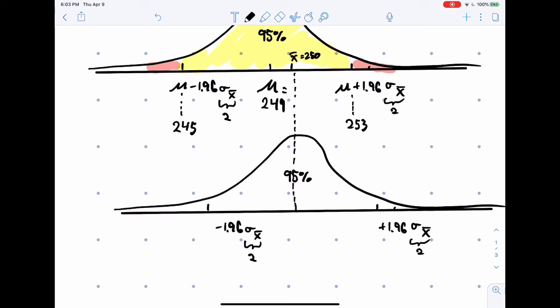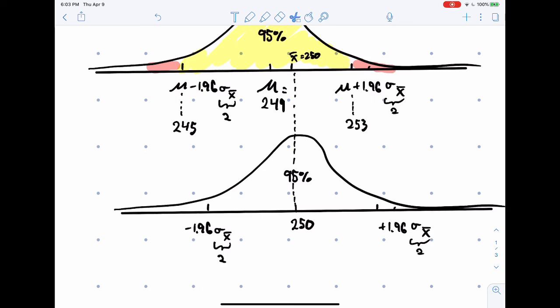So we go down here, and this is equal to x bar, which is equal to 250 now. And then we have this 95% area by subtracting and adding the same points so that we get the same 95% coverage.